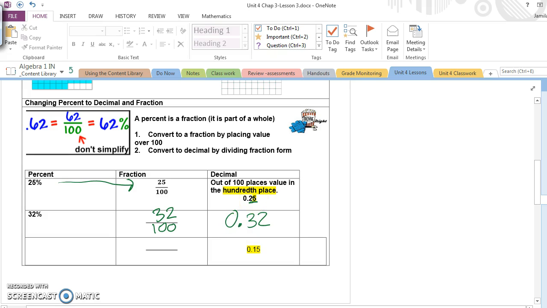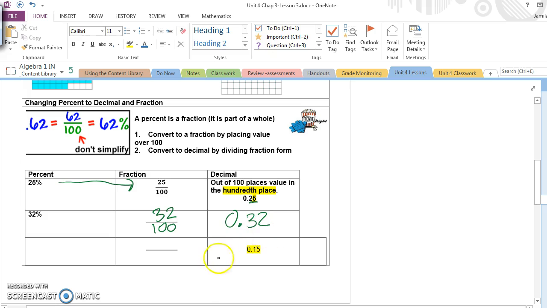And remember, we don't just simply write 32 alone because that means we have 32 wholes. We do not have any wholes. 32 out of 100 means you don't even have 100. You would need 100 out of 100 in order to have a whole. So therefore, there are no whole parts in this. So you definitely know it's going to be a decimal. So 0.32 is the decimal form of 32%.